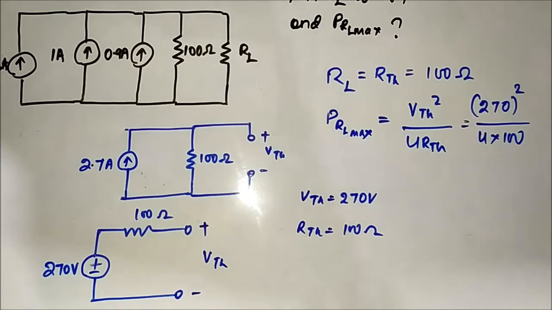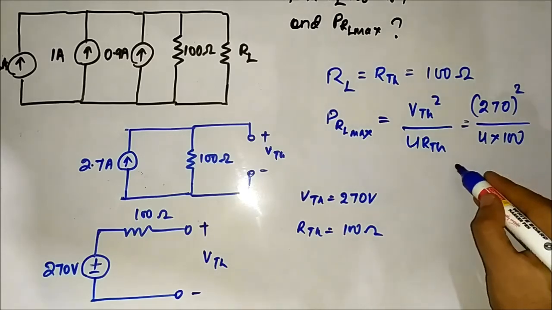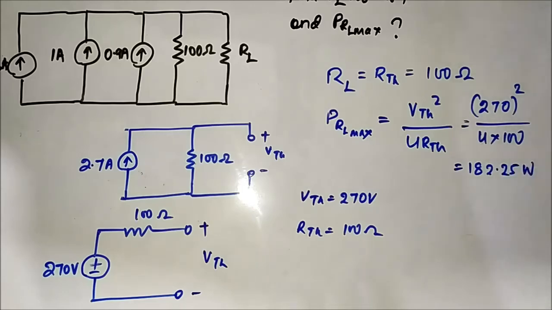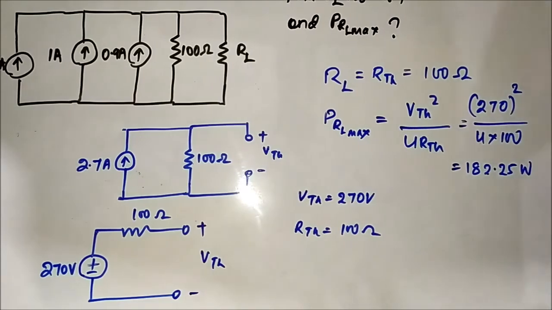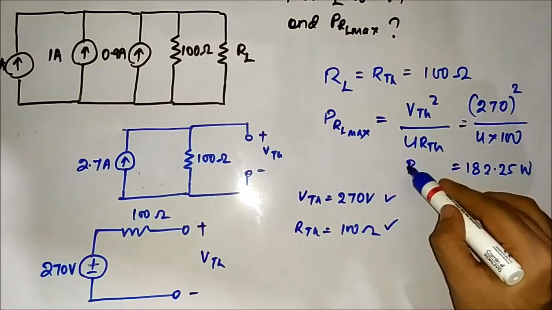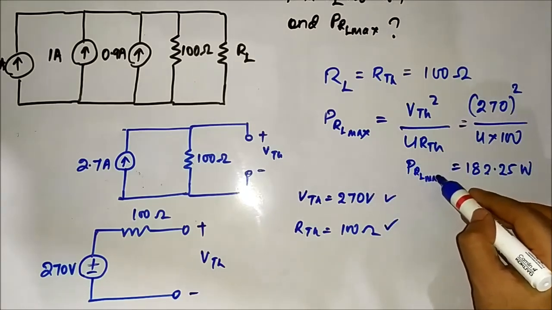So it will be equal to around 182.25 watts. Okay, 182.25 watts. So we have got all the three important parameters: VTH, RTH and PRL max.